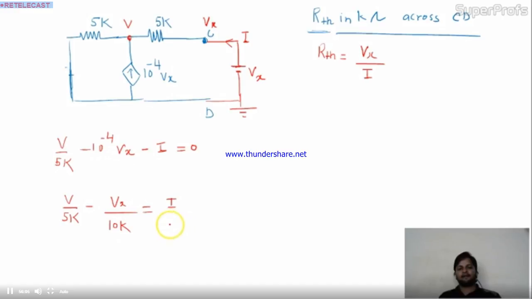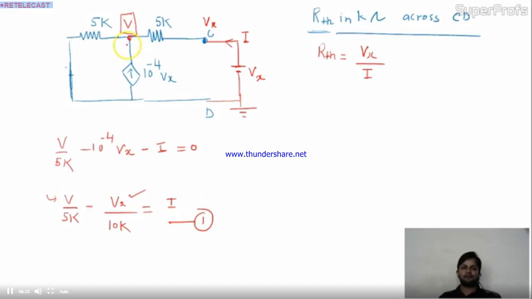Okay. Now give this equation 1. If we can remove V, we can easily find out the Vx by I ratio. Where is the V? Okay, this V. I have to remove this V from this equation, and then we can get the Vx by I ratio by solving this.